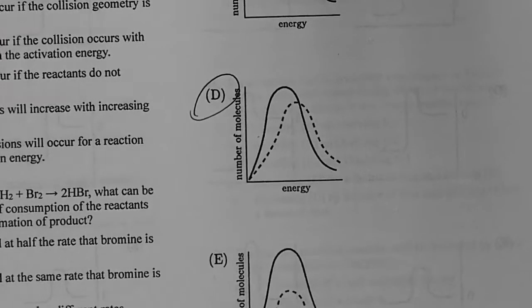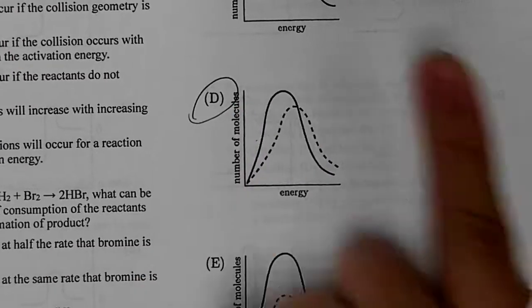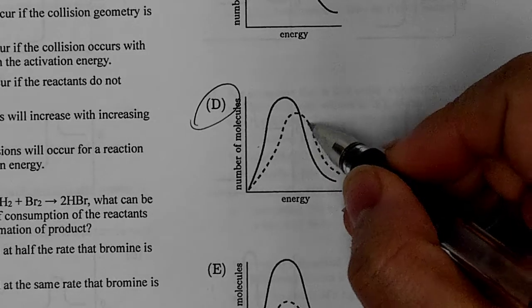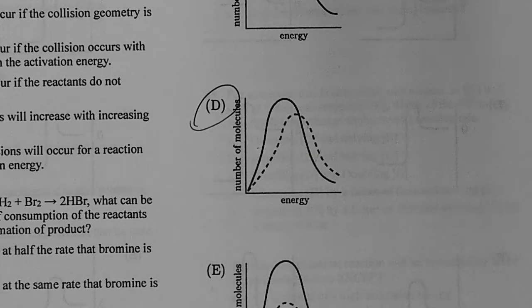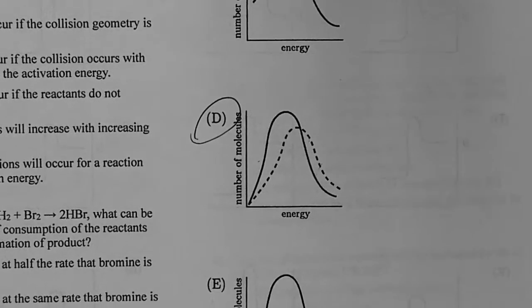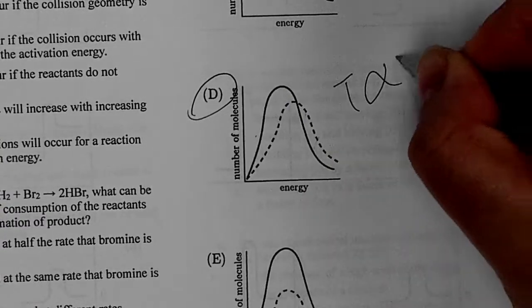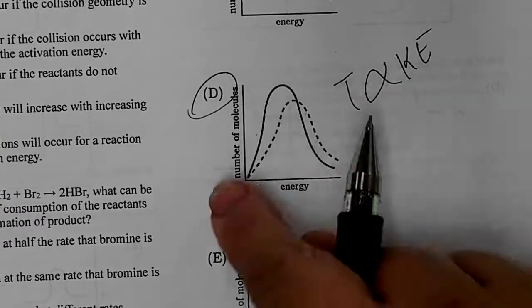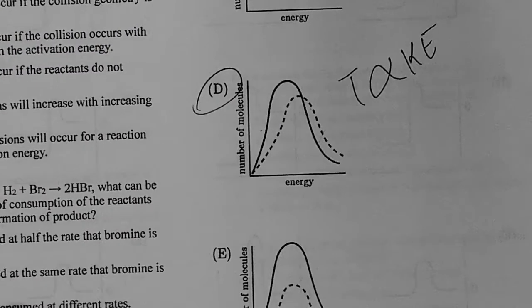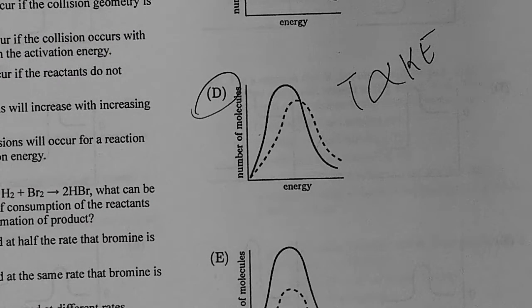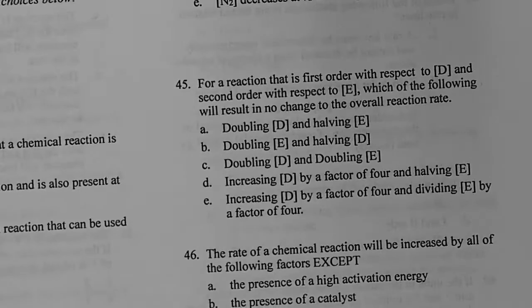Remember, the more temperature, this graph shifts this way, because you have more gas molecules at the higher energy. Make sense? So that's the relationship between temperature and kinetic energy, okay? This is Maxwell-Boltzmann.